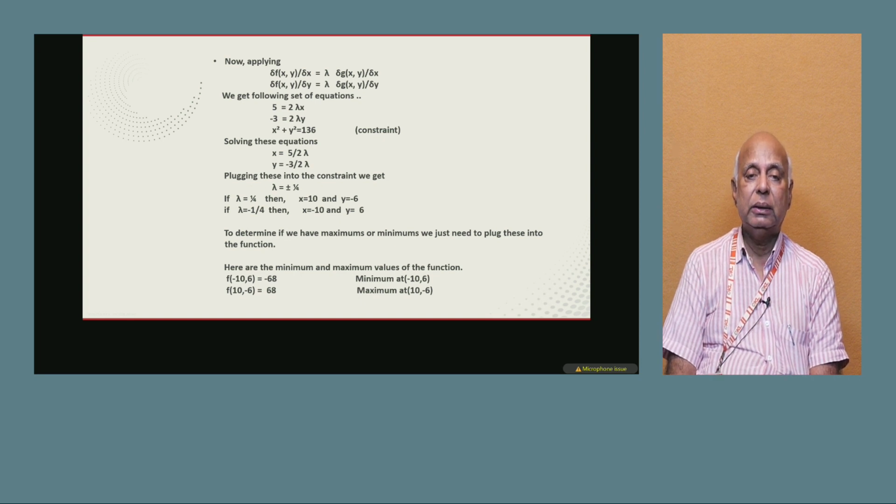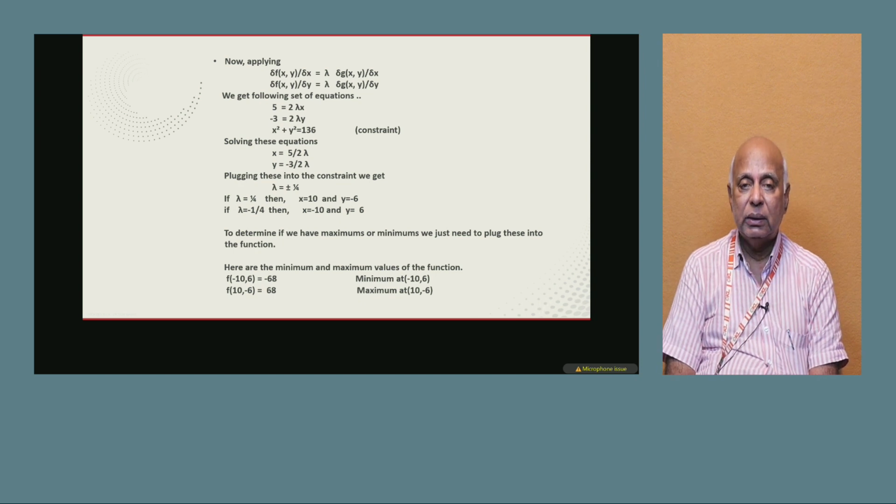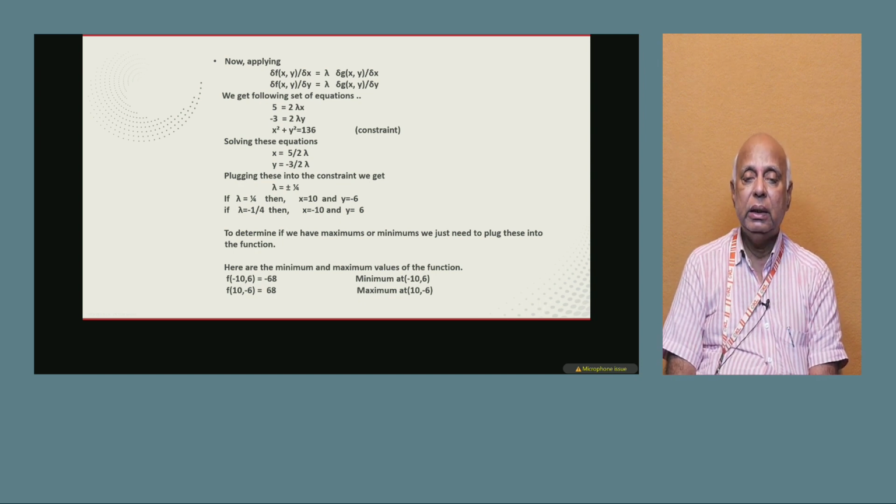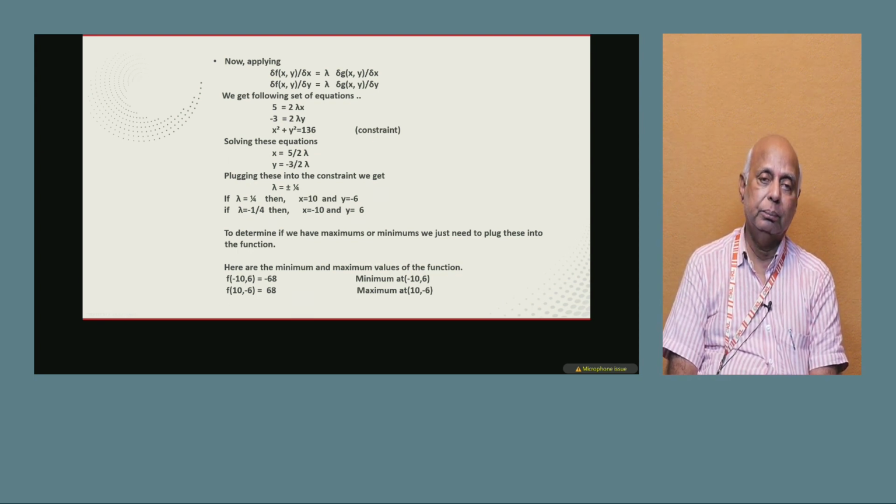Similarly, the partial derivative of f with respect to y is equal to lambda times the partial derivative of g with respect to y. Such equations depend on the number of variables in the problem.